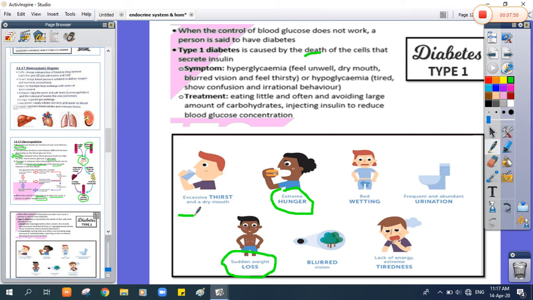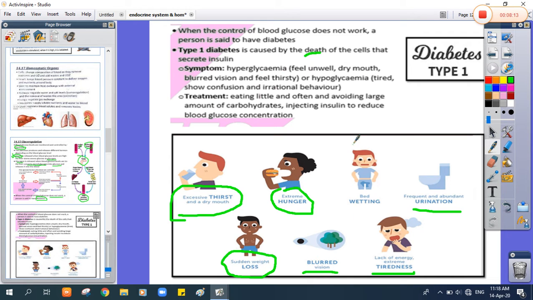Also, you will feel excess thirst, and you will urinate a lot, more during the night. You will feel blurred vision, tiredness and a lack of energy.